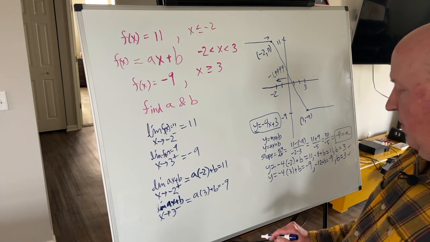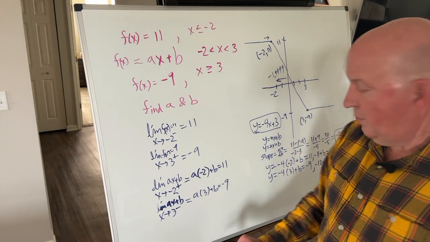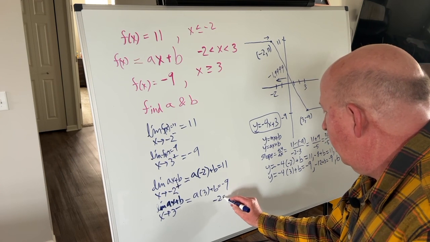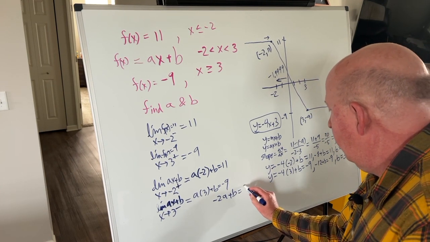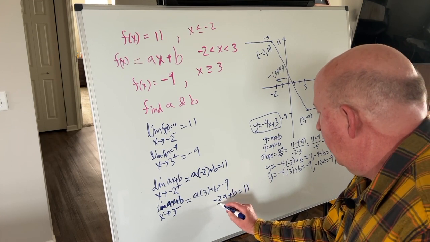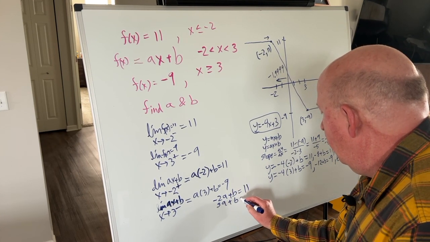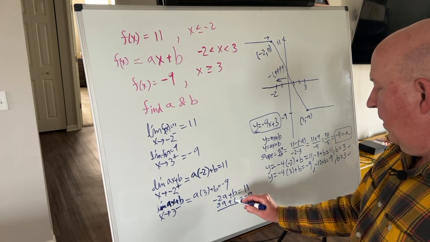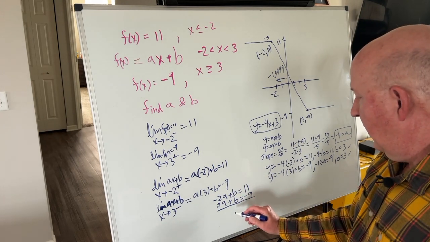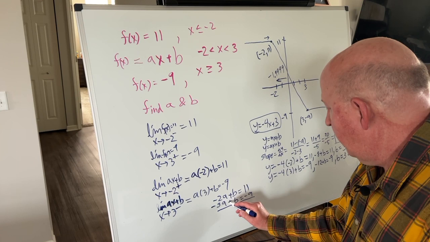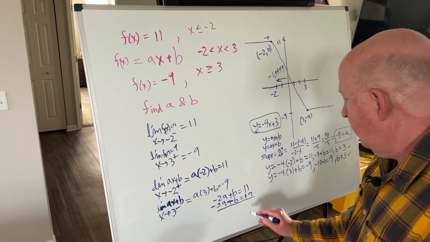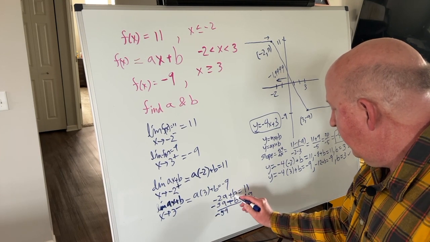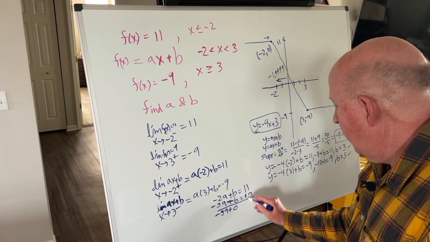Okay, so we have two equations. Negative 2a plus b equals 11. 3a plus b equals negative 9. Now I'm just going to solve them. I'm going to subtract. So this will be negative 5a, 0, and 20.